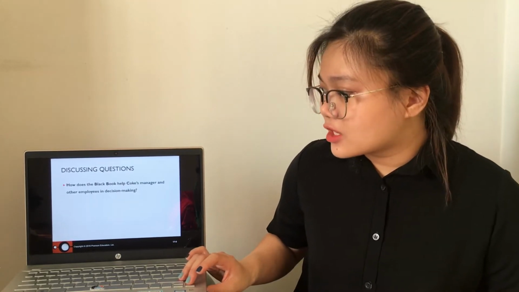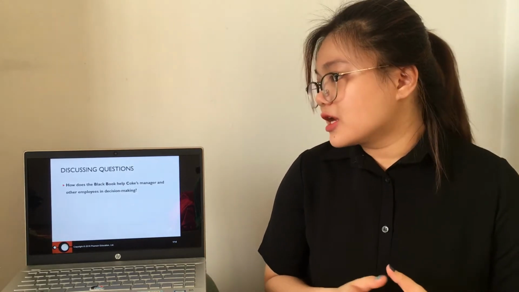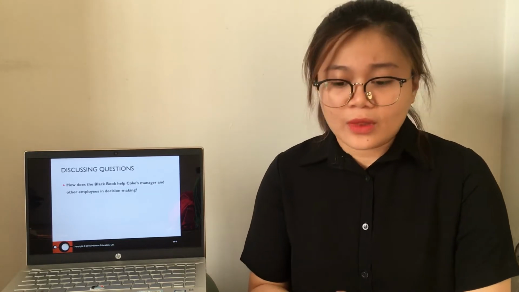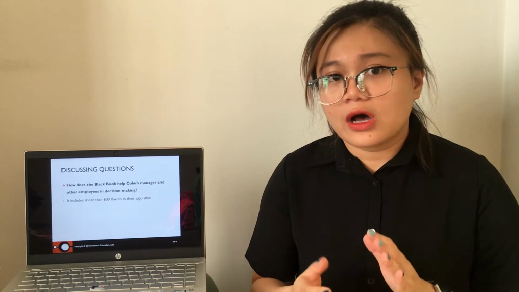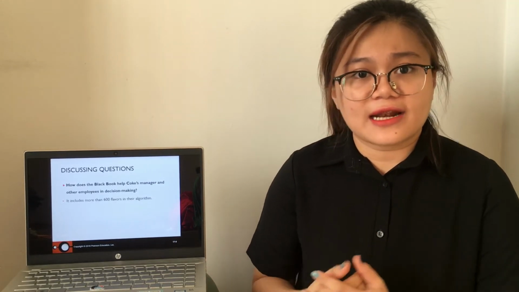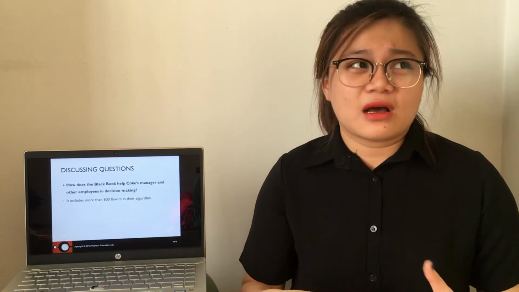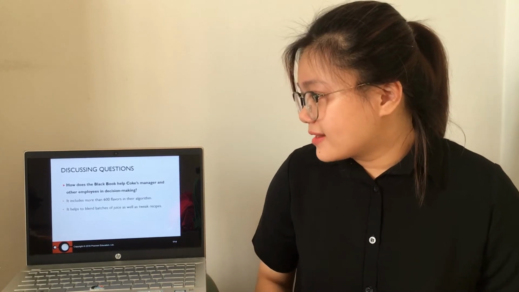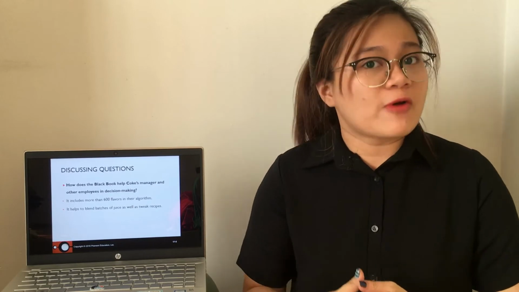So the second question is, how does Black Book help Coke's managers and other employees in decision making? Firstly, the Black Book includes more than 600 flavors in its algorithm, which is far more than a normal brain can process. And secondly, it helps to blend batches of juice as well as tweak recipes.